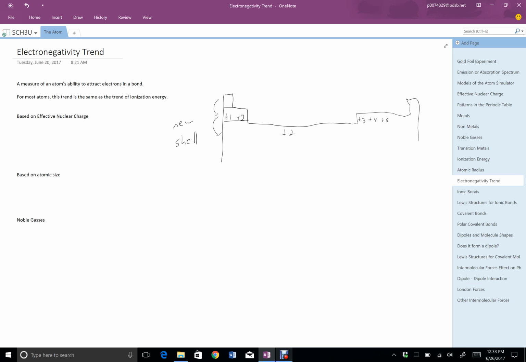In terms of electronegativity, as we go from left to right, the effective nuclear charge increases.